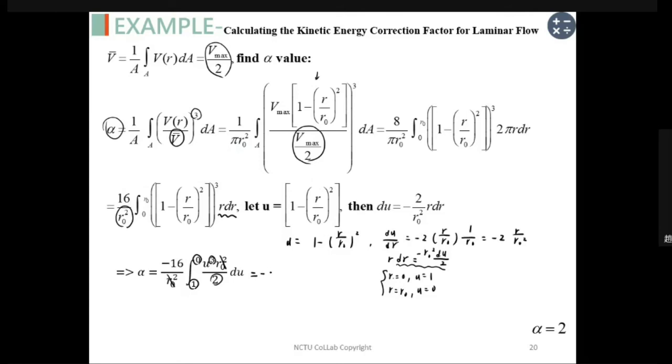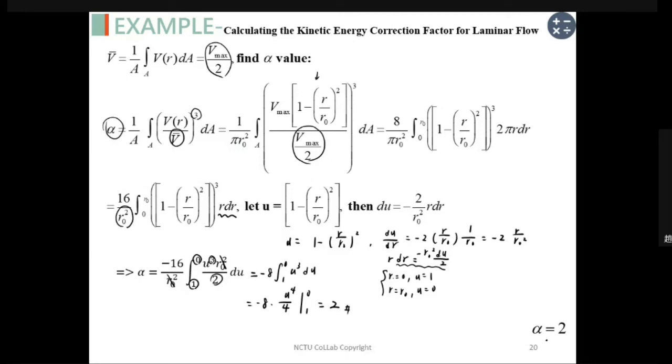So we can solve this very easily. We cancel out the r0 squared, and with the 2 and this 16, it's a minus 8. Inside we only have the integral from 1 to 0 of u cubed du. So this is minus 8 multiplied by u to the 4th over 4, from 1 to 0. So finally we know that alpha is equal to 2.